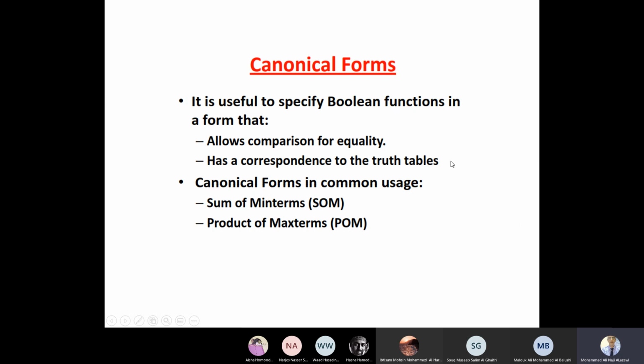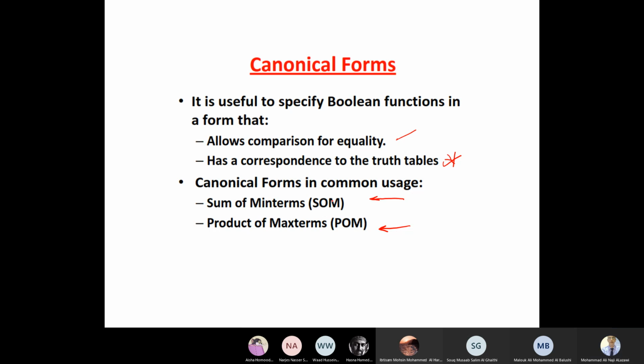We'll talk further about the canonical form. It's useful to specify a Boolean function in a form that allows comparisons for equality and has a correspondence to the truth table. We'll see this is very important, how to correspond the canonical form with the truth table. And we have two kinds of canonical form: sum of min-term and product of max term.